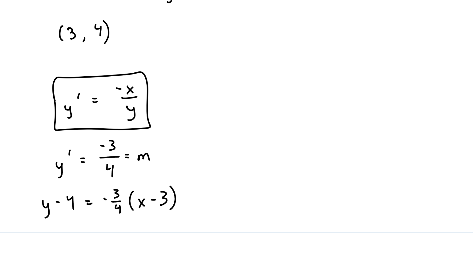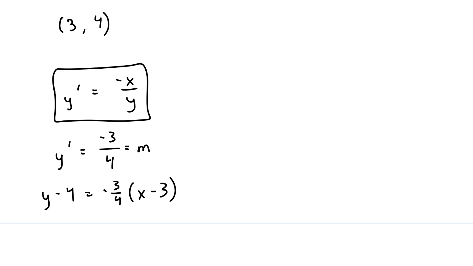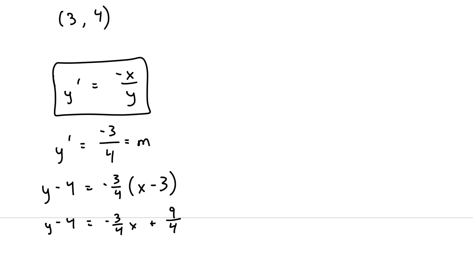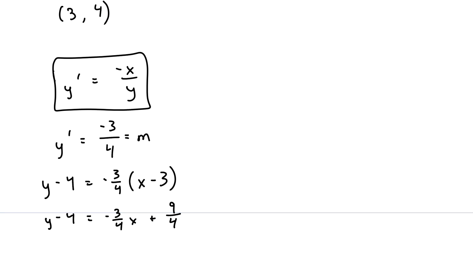So we'll have to distribute first. So we've got y minus 4 is equal to negative 3/4 x plus, here I would have 9 over 4. And then if I add 4 to each side of my equation, I should end up with y equals negative 3 over 4x plus 25 over 4.